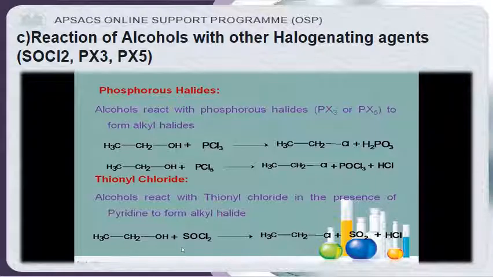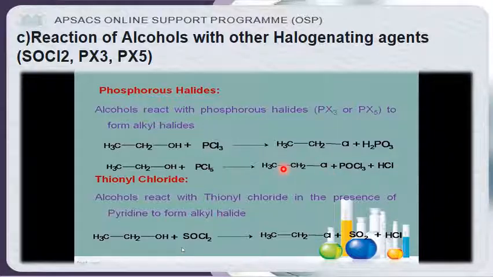The next method for the preparation of alkyl halide is the reaction of alcohol with other halogenating agents. These halogenating agents may be thionyl chloride, SOCl2, PX3 and PX5. X is any halogen. The first is phosphorus halide.